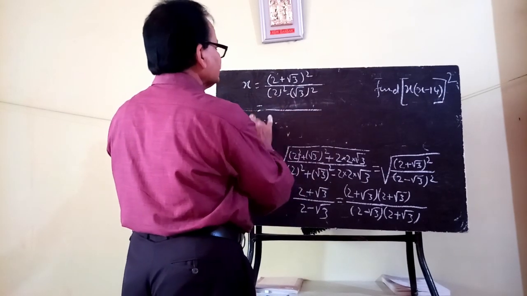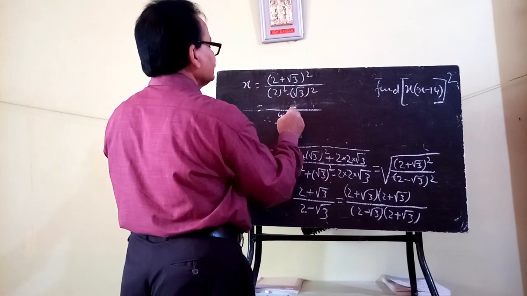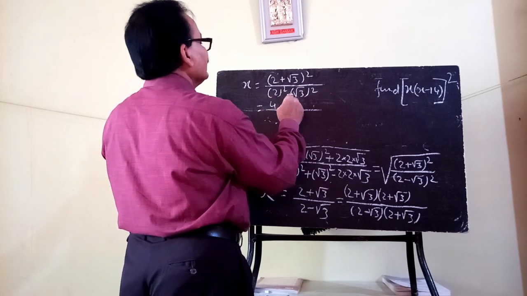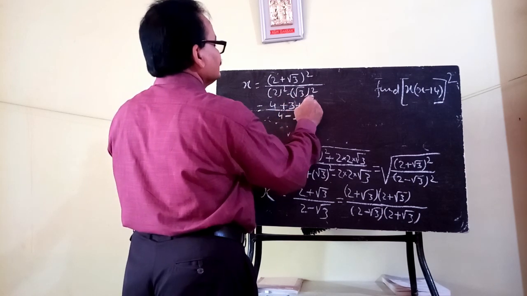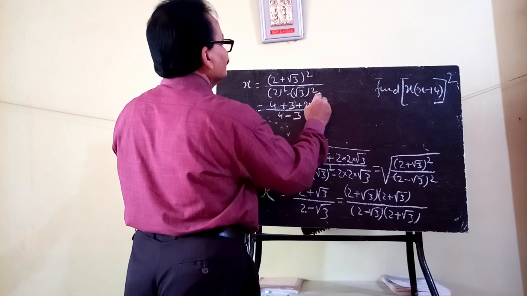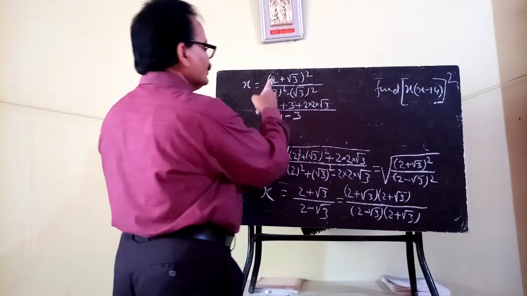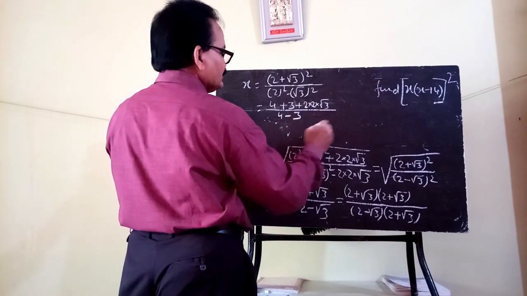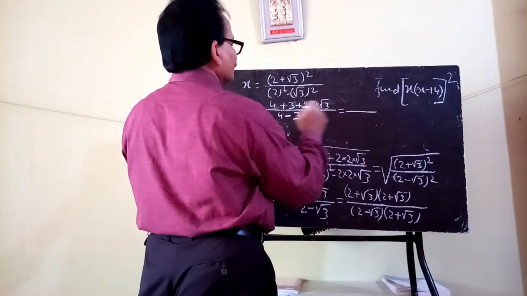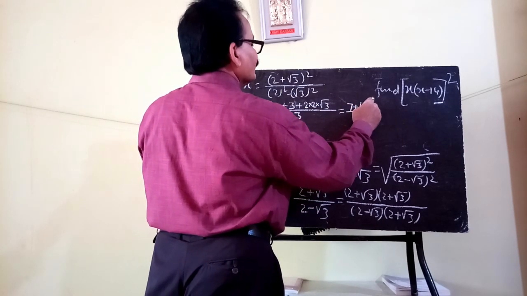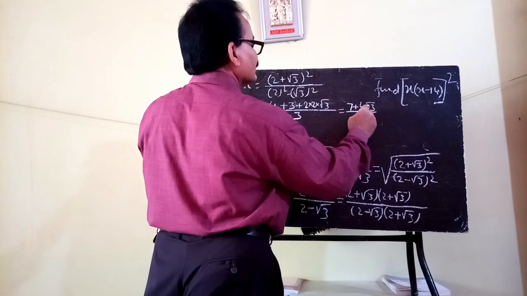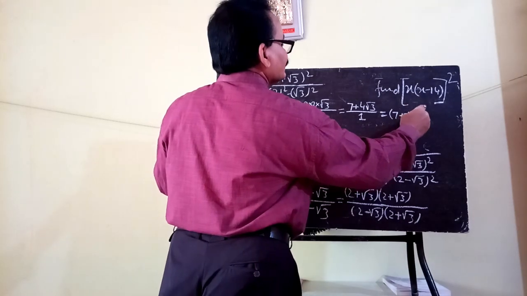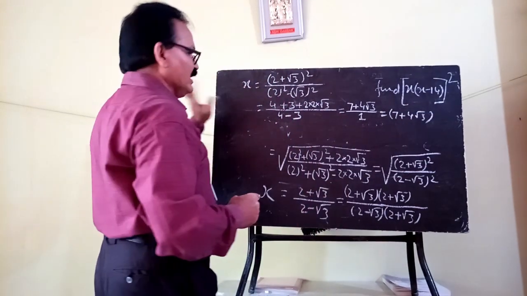So the denominator is 4 minus 3, and the numerator is 4 plus 3 plus 2 into 2 into root 3. Because 2 square is 4, root 3 whole square means 3, and then 2ab. So finally 4 plus 3 is 7, plus 4 root 3, by 1. So x equals 7 plus 4 root 3. This is the value of your x.